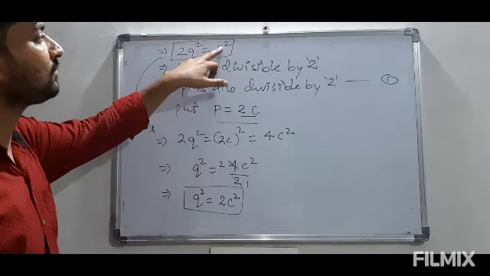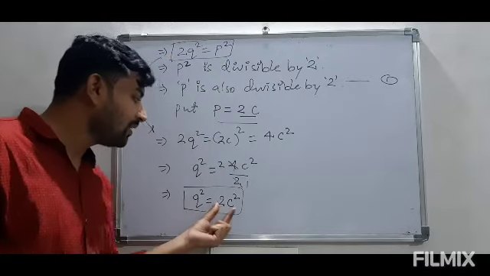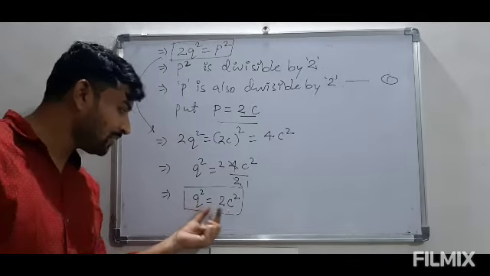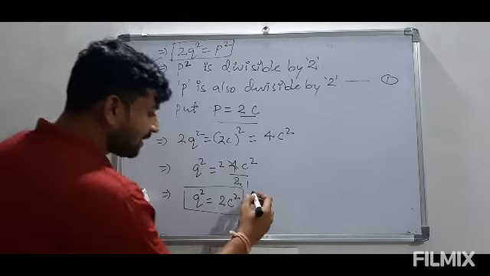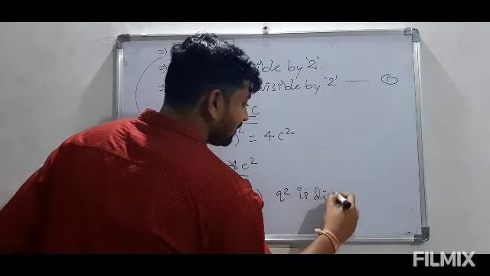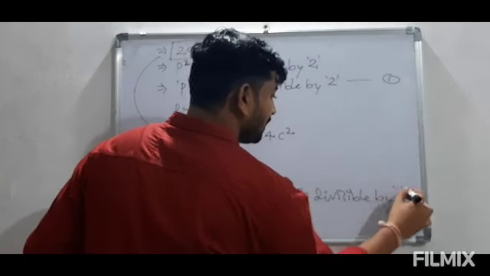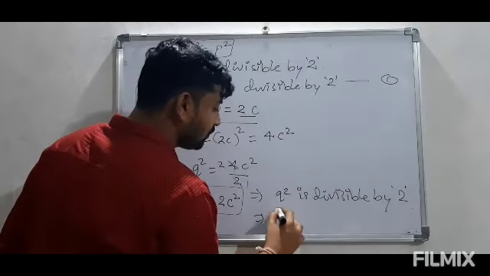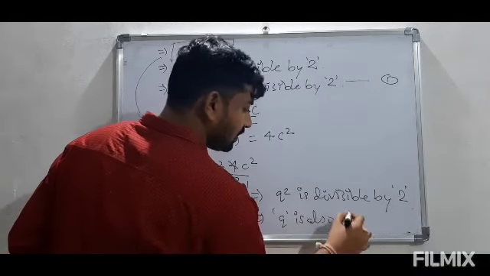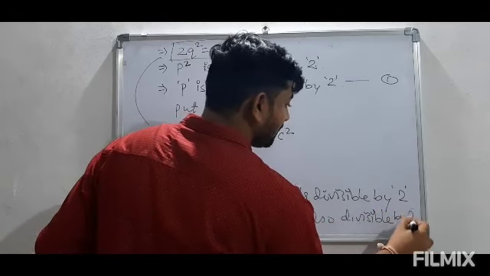Here it was P square is equal to 2Q square. Now here Q square is 2C square. So it is somewhat similar to that; Q square is having a factor of 2. So we can write from this, Q square is divisible by 2, and hence Q is also divisible by 2.